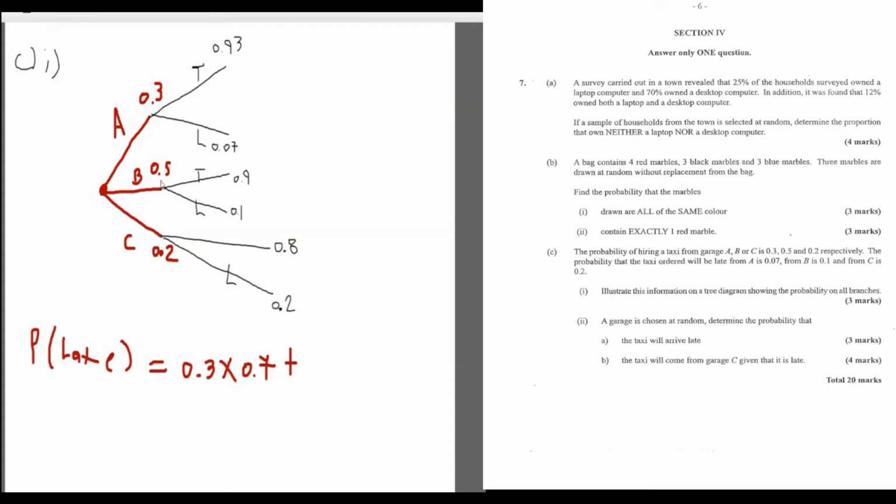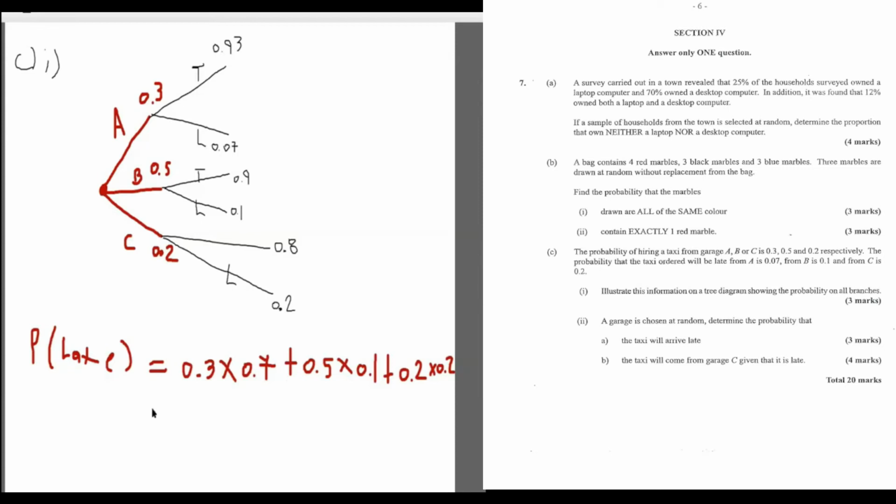the probability of B being late, because there's a 50% chance B will come and a 10% chance B will be late. So the probability of B being late is 0.5 times 0.1, plus, now C. The probability of C getting picked is 0.2, and the chance of C being late is 0.2. So I multiply those. That will give me the chance of this taxi being late.